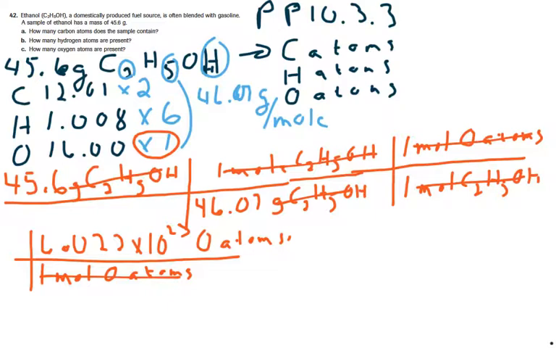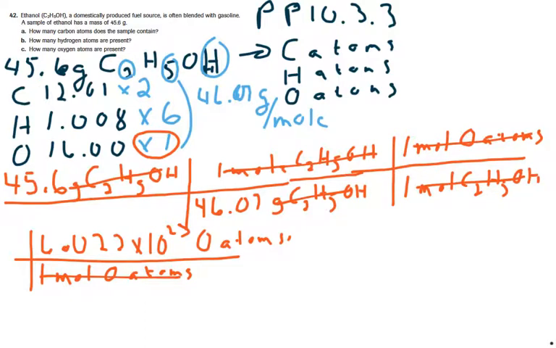And take out your calculator. You will multiply and divide: 45.6 divided by 46.07 times 6.022 times 10 to the 23rd.